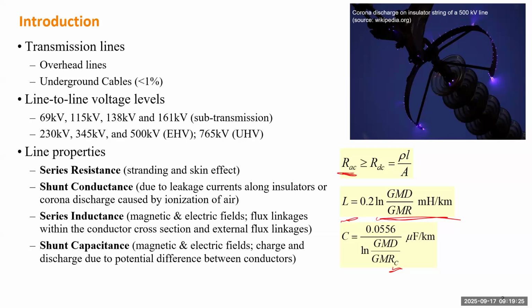The difference lies in the fundamental difference between the electric field and magnetic field. Okay, so if the electric field and magnetic field were completely symmetric, or analogous to each other, there would be no difference between the GMR for calculating inductance and the GMR for calculating capacitance.